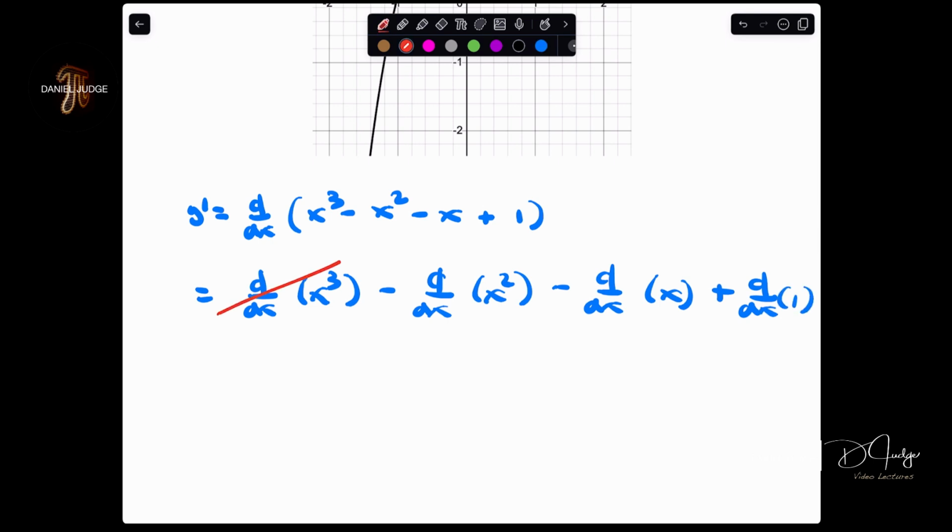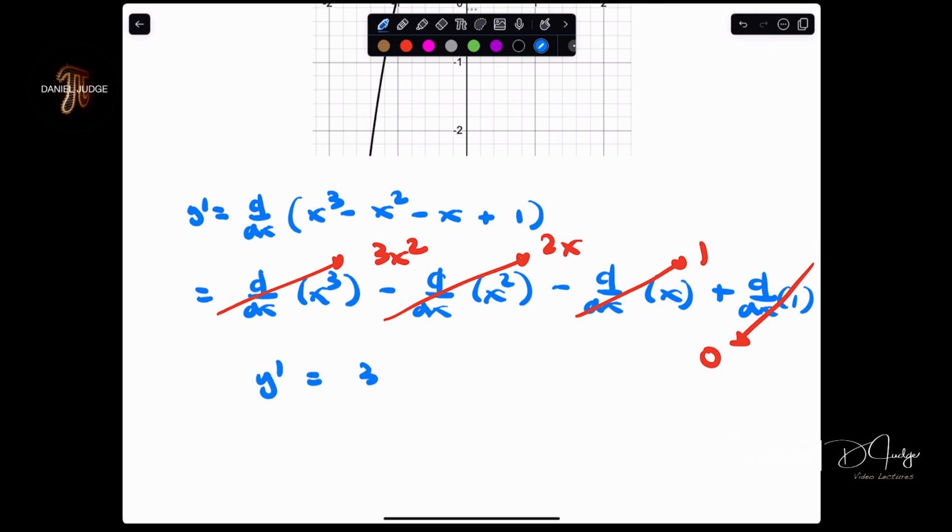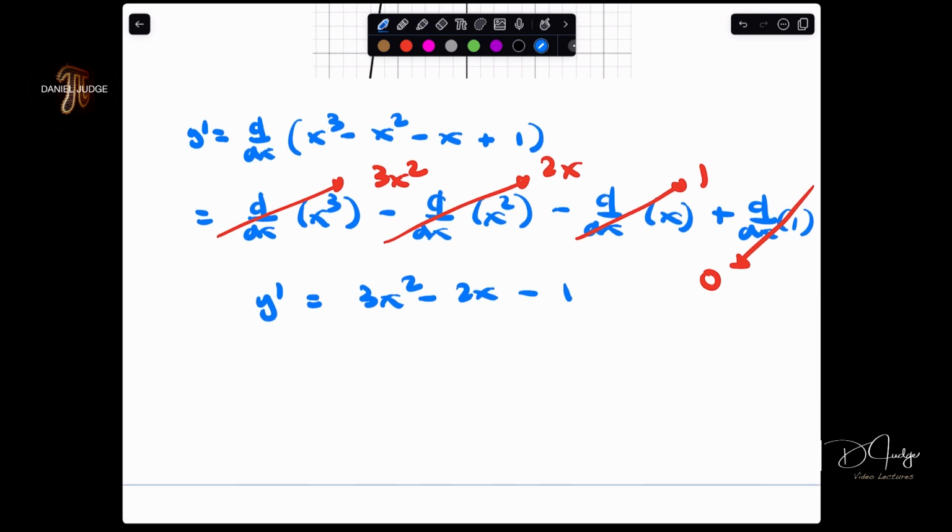Okay, power rule. 3x squared, 2x, 1, and this derivative is 0. So y prime will be 3x squared minus 2x minus 1. All right, there's your derivative.